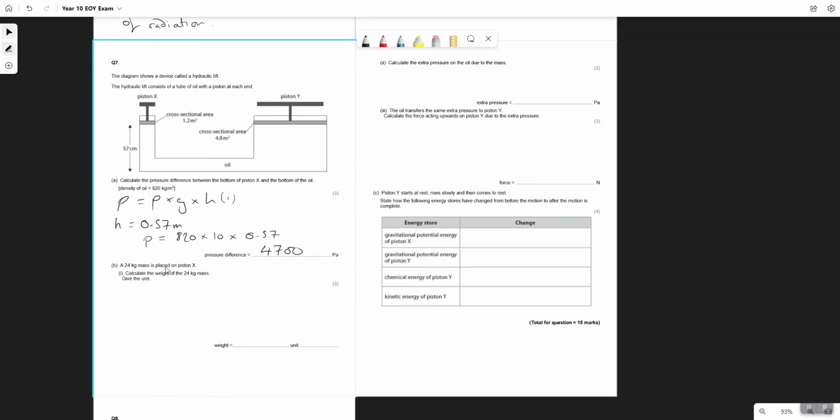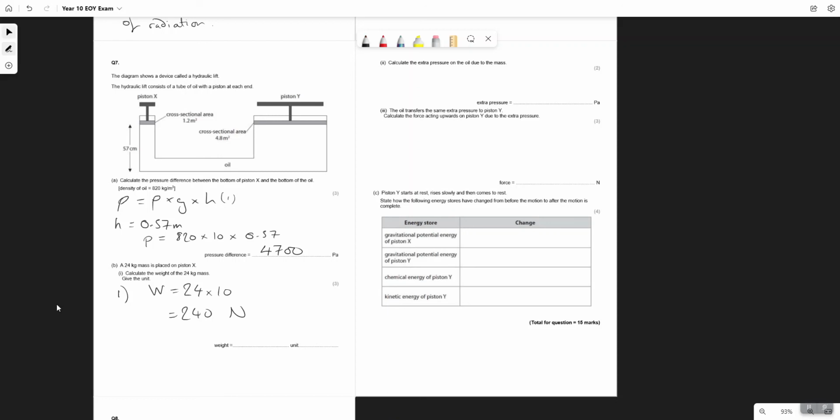A 24 kilogram mass is placed on piston X, so put it there. Calculate the weight of the 24 kilogram mass. Give the correct unit. Because W equals mg is a very common thing, the first mark is literally just for substituting it in. So W equals 24 times 10, which gives us 240 newtons.